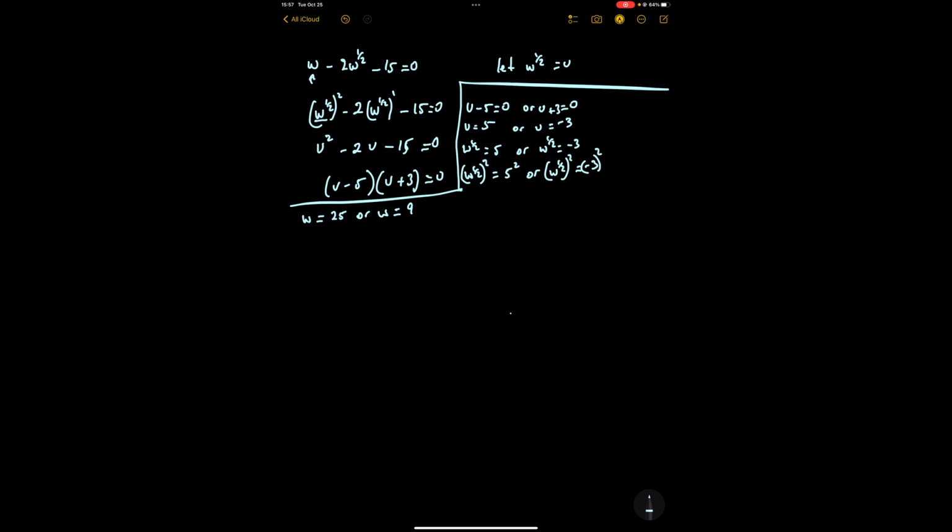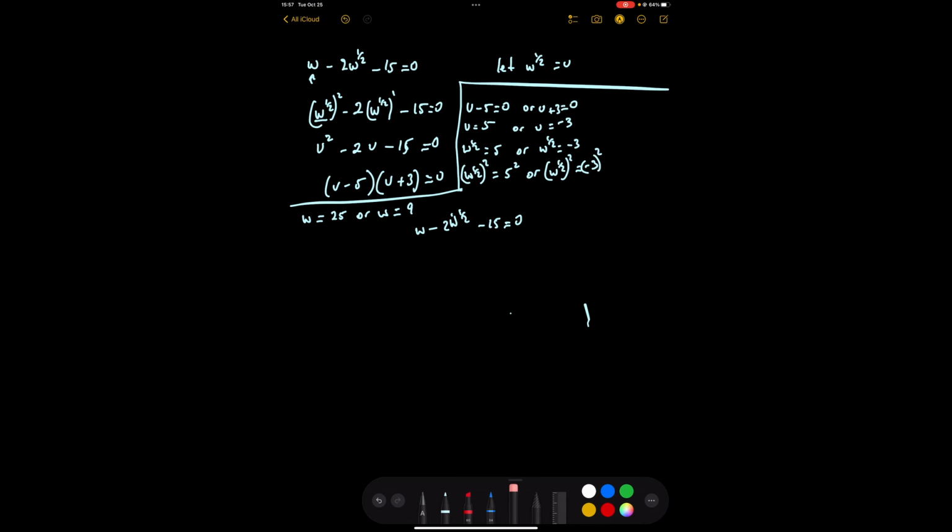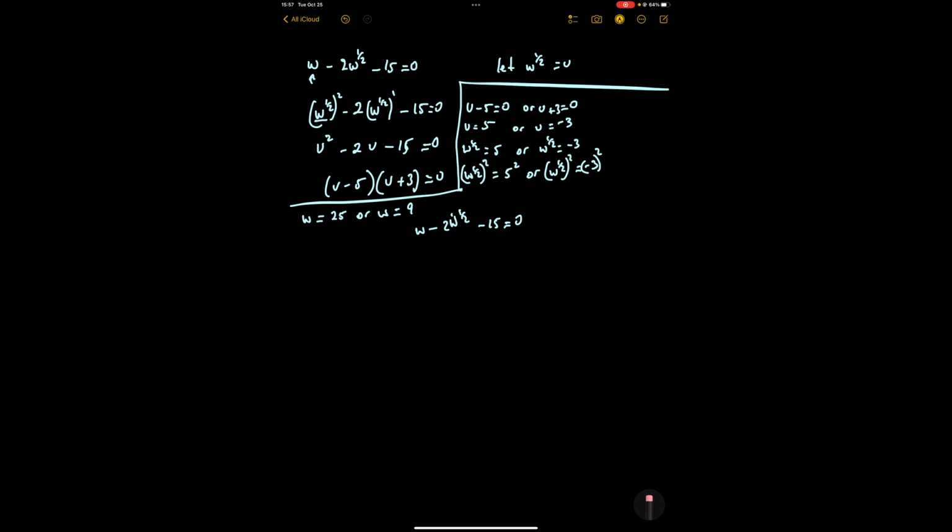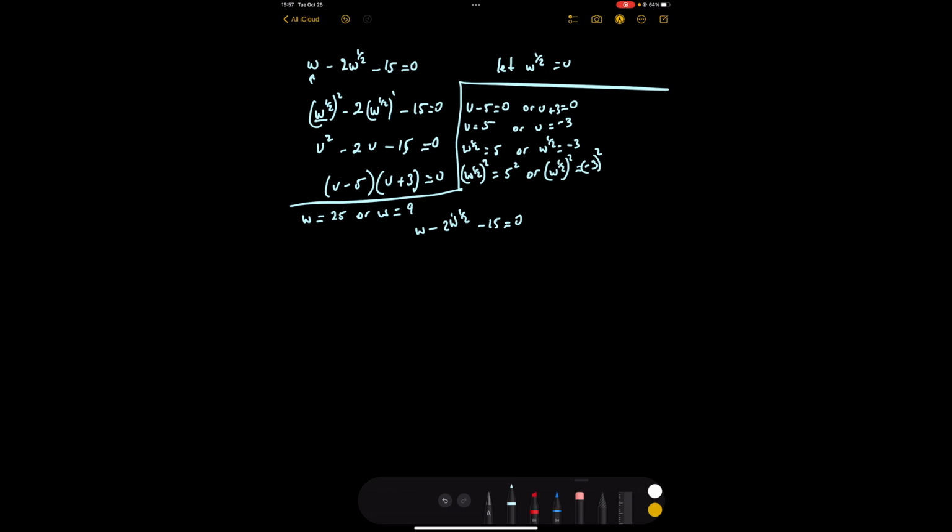And so now, what can we do? We can check to see if it's right. Remember, this is w minus 2w to the power of half minus 15 equal to 0. So let's check to see if the answers we got are the right answers.